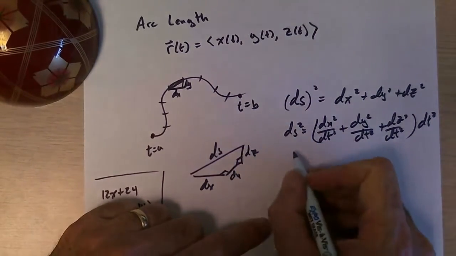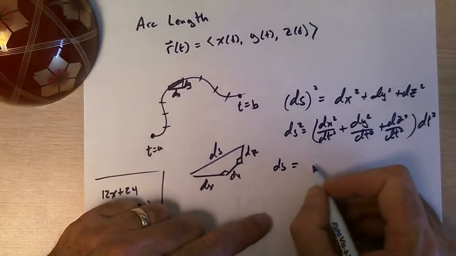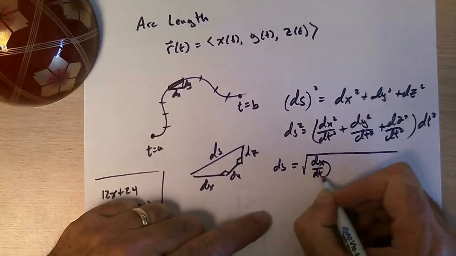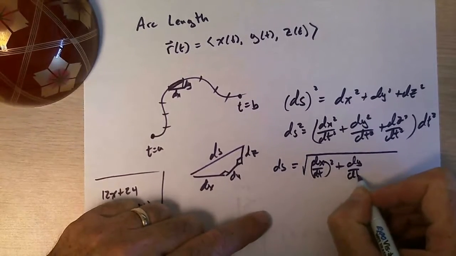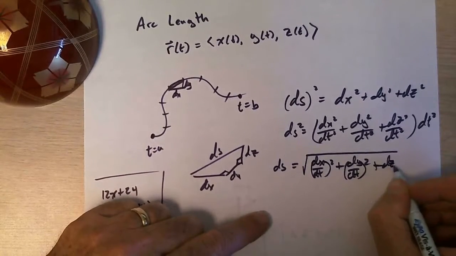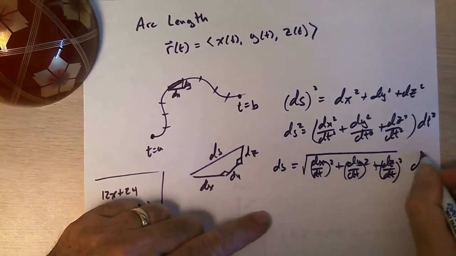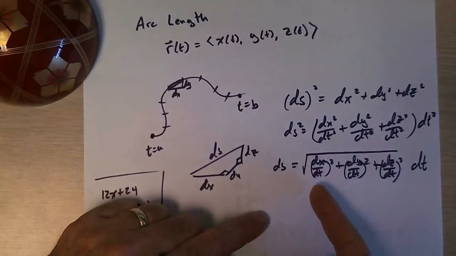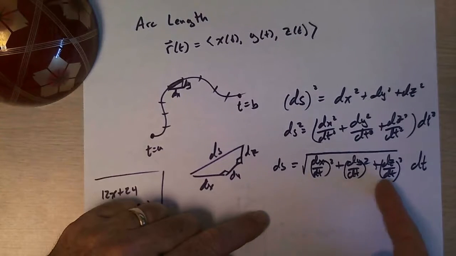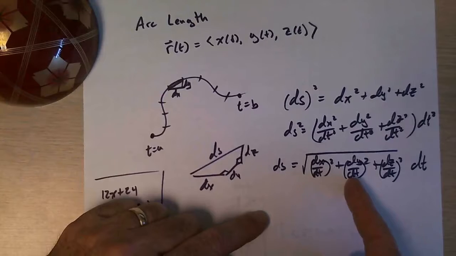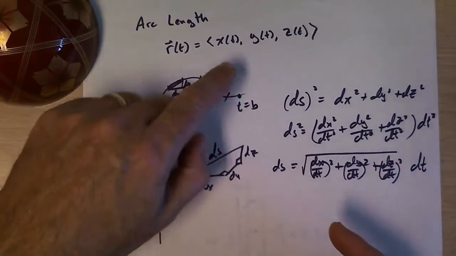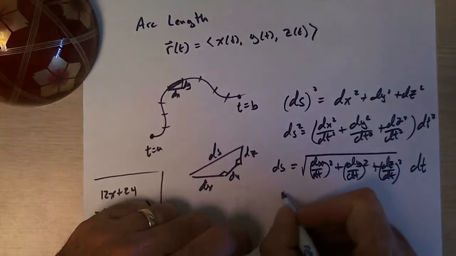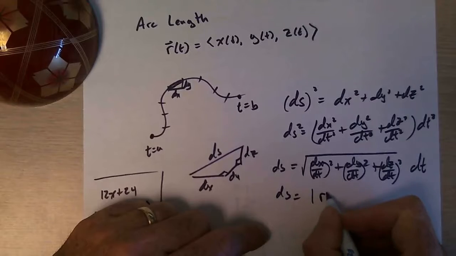Now I'm going to take the square root of both sides and say that ds is the square root of (dx/dt) squared plus (dy/dt) squared plus (dz/dt) squared, times dt, since the square root of dt squared is dt. Notice that the dx/dt, dy/dt, and dz/dt are precisely what you get when you take the derivative of r.